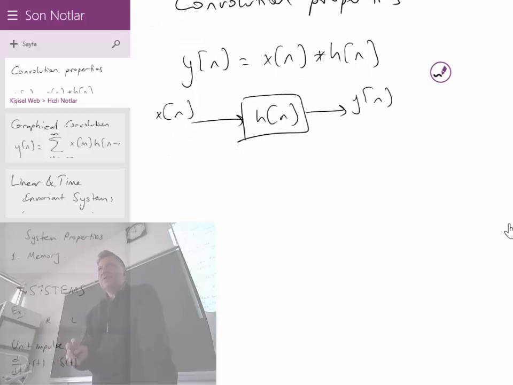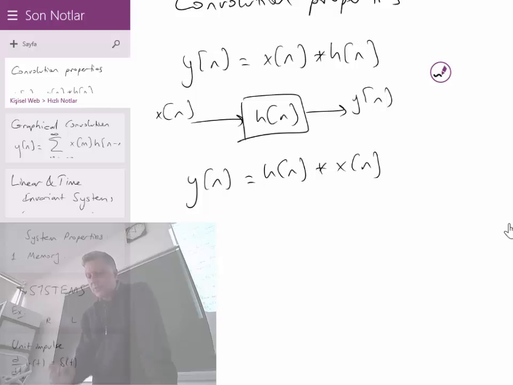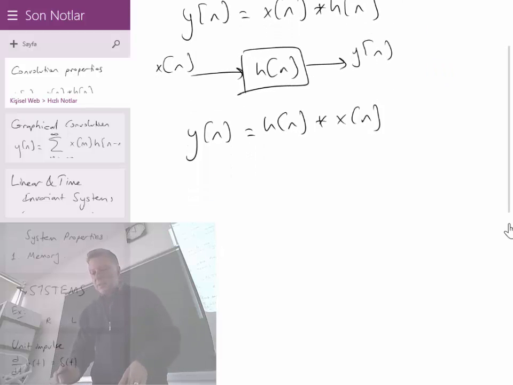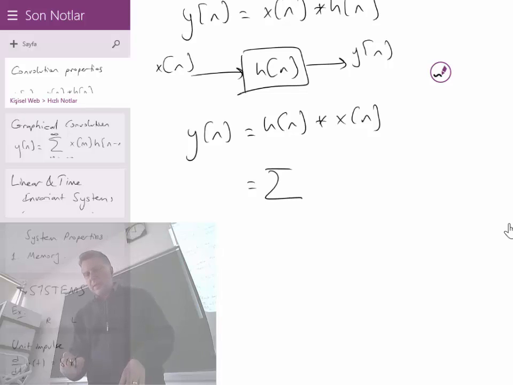Strangely, convolution is a linear operator, therefore it has this kind of a property too. Y of n is also equal to h of n convolution x of n as well. So it doesn't matter which one you flip around, or these two equations are identical. What was our first convolution summation?